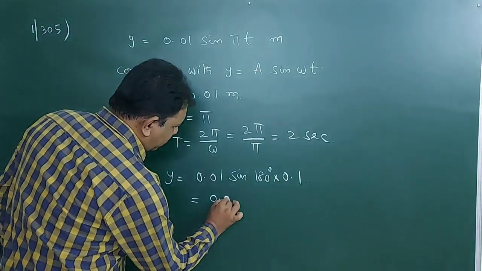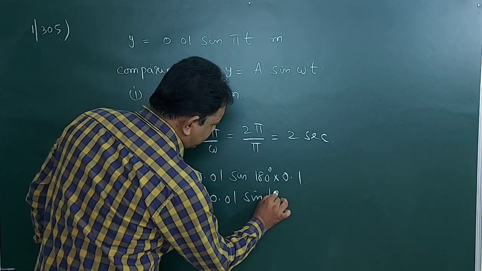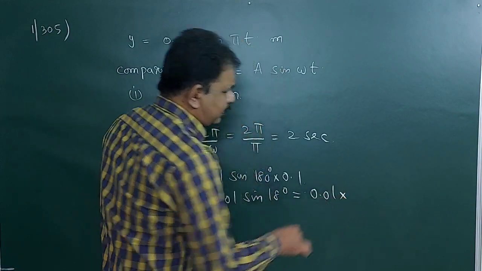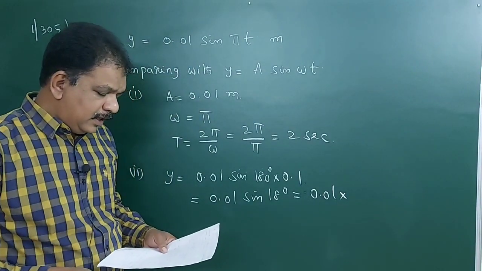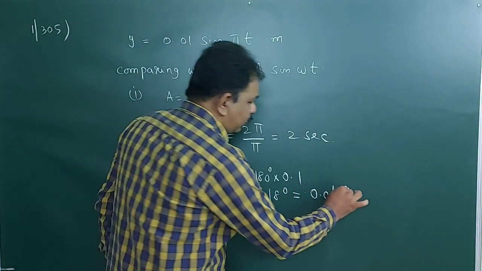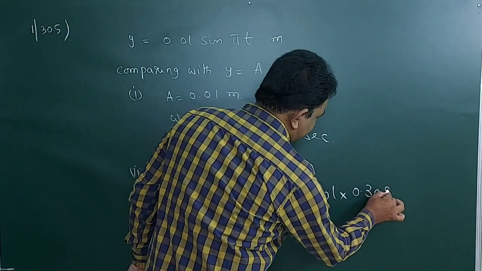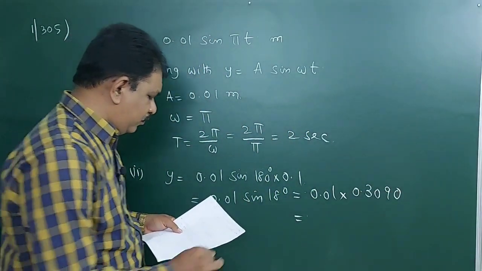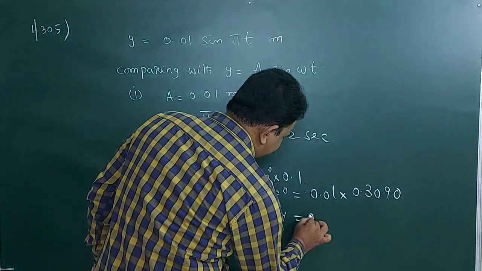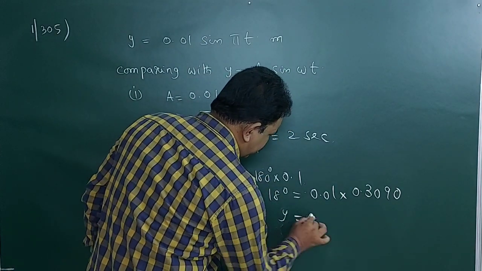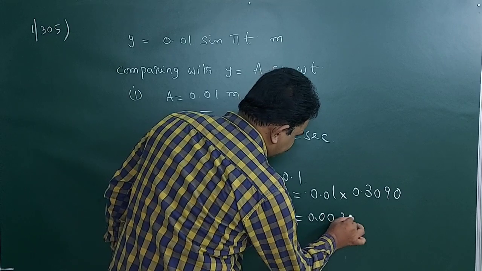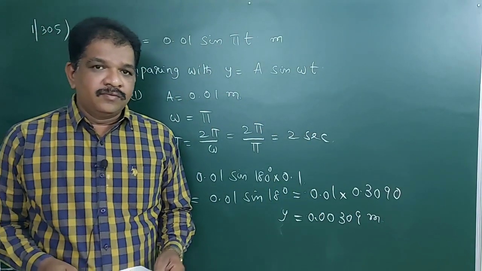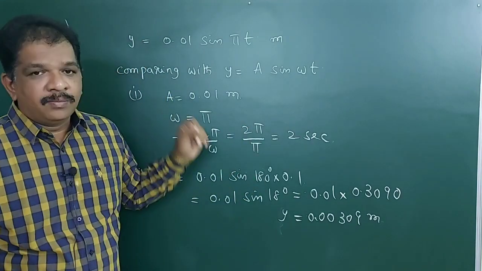So 0.01 sin 18 degrees. sin 18 value will be 0.3090. Finally, the y value we will get is 0.00309 meters. Okay, this is the first problem.